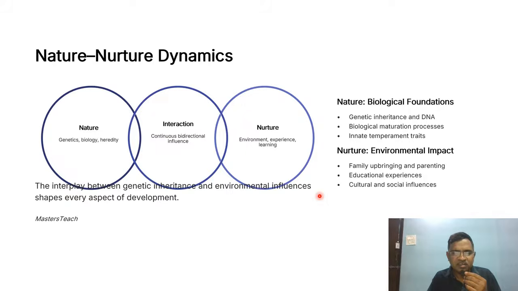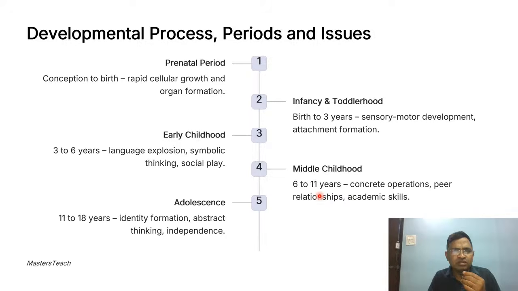Then development processes, periods, and issues. Here it is mentioned as prenatal period, infancy and toddlerhood, early childhood, middle childhood, and adolescence. The prenatal period is from conception to birth, with rapid cellular growth and organ formation in the womb of the mother.